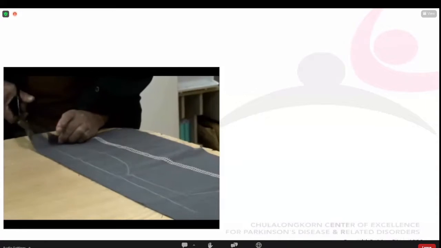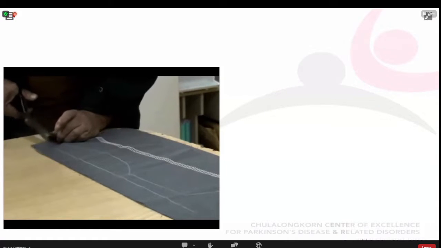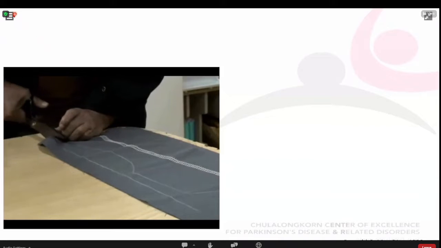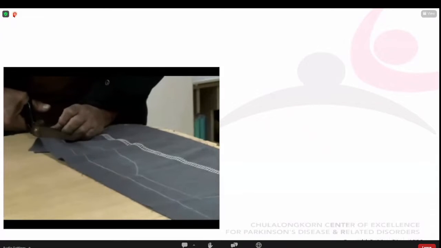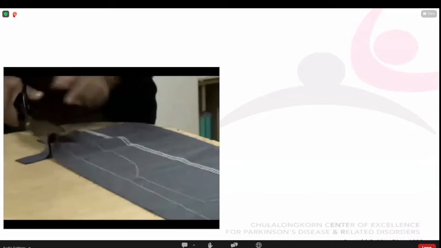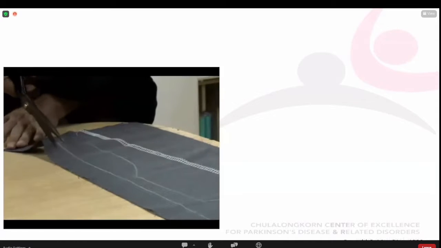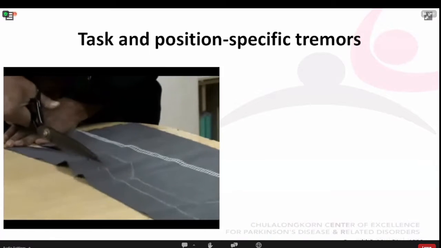As you will see, he has a rhythmic oscillation of his hand when he uses the scissors. But in another test, he can perform it perfectly. This is a task-specific tremor, which has several forms depending on the situation.